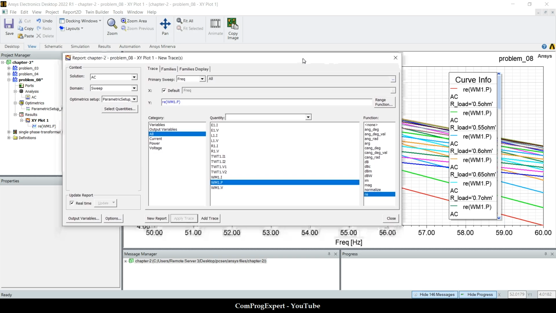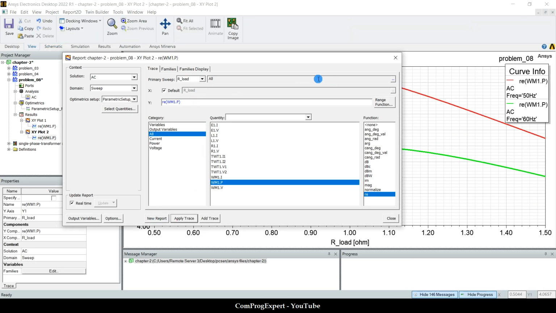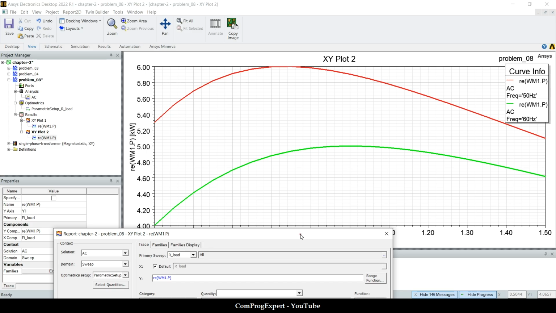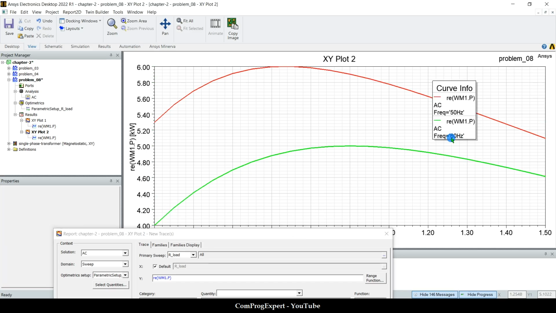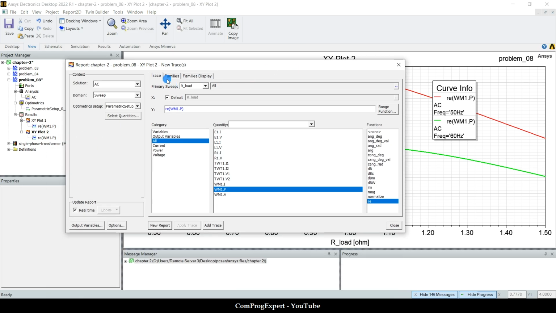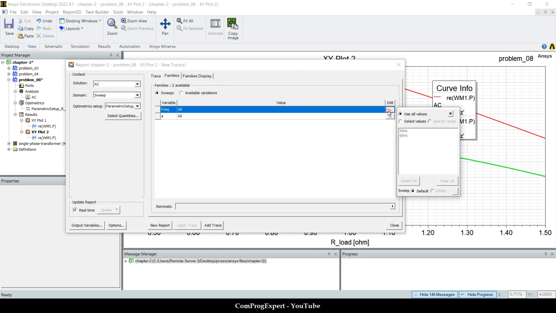We don't need this graph. We need to set the primary sweep equal to the load resistance. Okay, the parametric analysis, and this is the primary sweep. Generate a new report. Here you can see this graph when the frequency is 60 Hz and when the frequency is 50 Hz. I don't need that frequency, so just select 60.